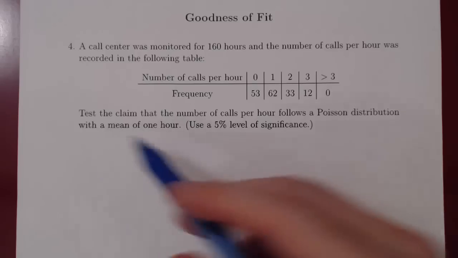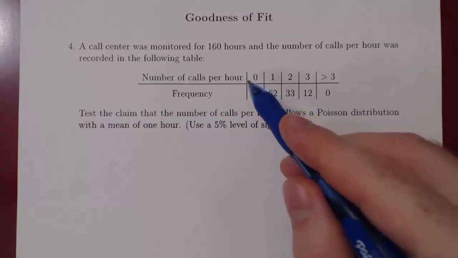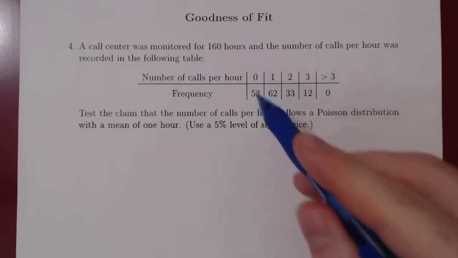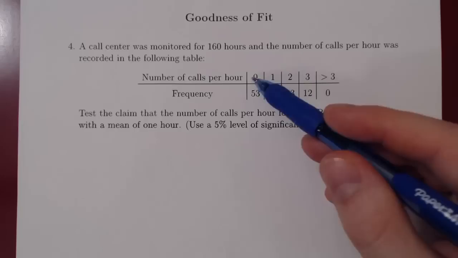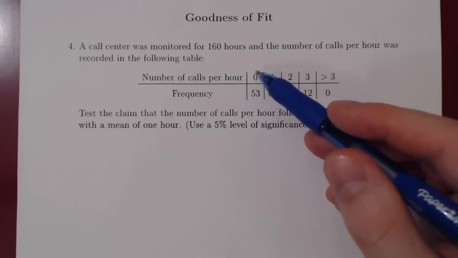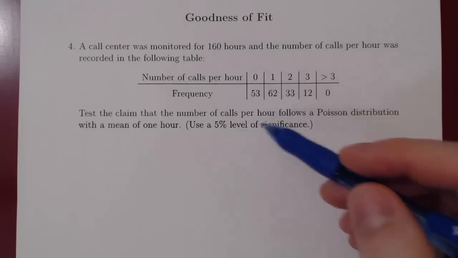So here's the claim. Of course, before making this claim, you would produce the histogram of this distribution. Over the bin 0, you'd have a bar where the proportion is 53 out of 160.